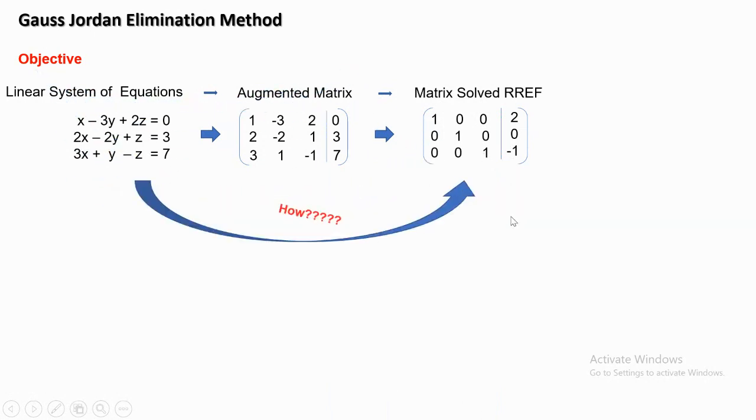But how are we going to do it? Now, I modified the Gauss-Jordan elimination method back in 2006 when I was a student. I was actually doing something for the honors program, and part of my honors program was to help some of my fellow classmates.